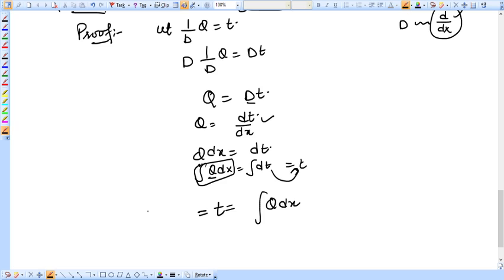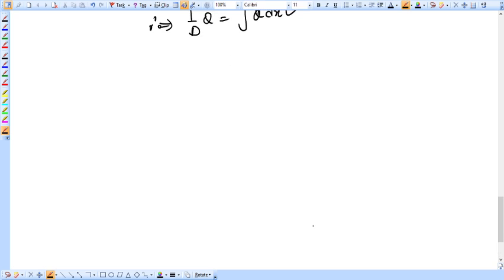What was t? t was equal to 1 upon D of Q. Therefore 1 by D of Q is equal to the integration of Q dx, hence the result. I hope you get clarity regarding this, that 1 by D is nothing but integration.